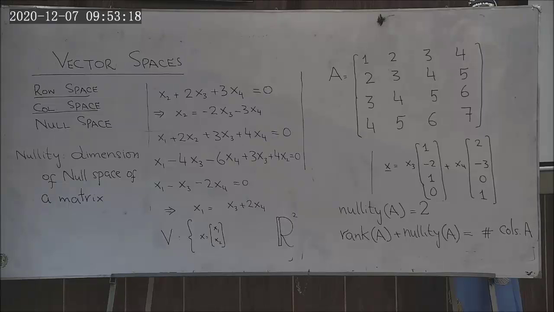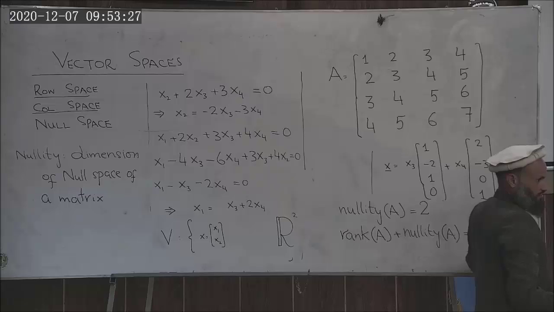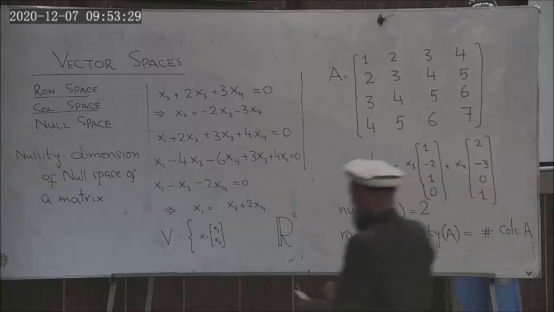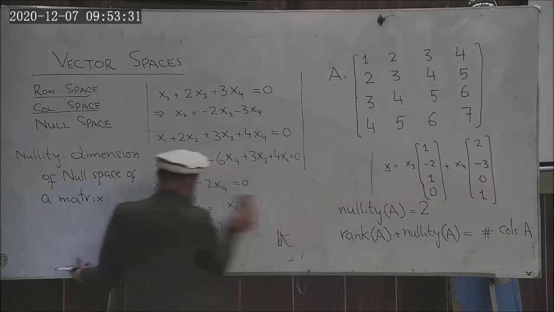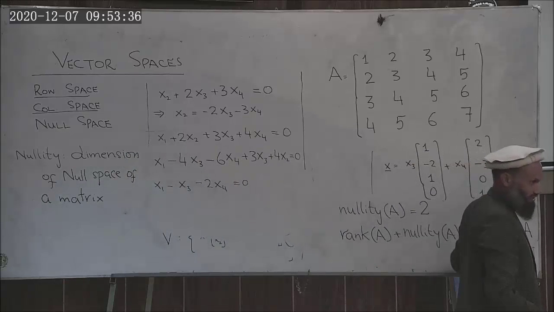So let's take a counter example. The observation is, can we also write over here the rows of A? We give a counter example that here we cannot write the number of rows of A.